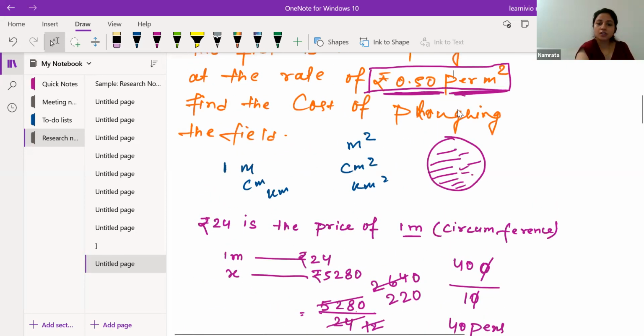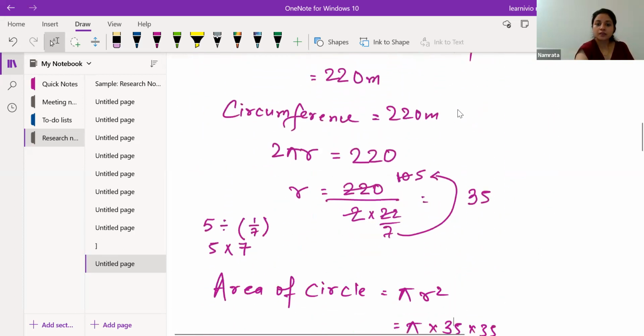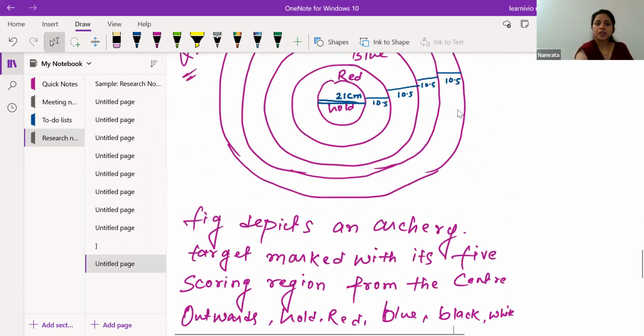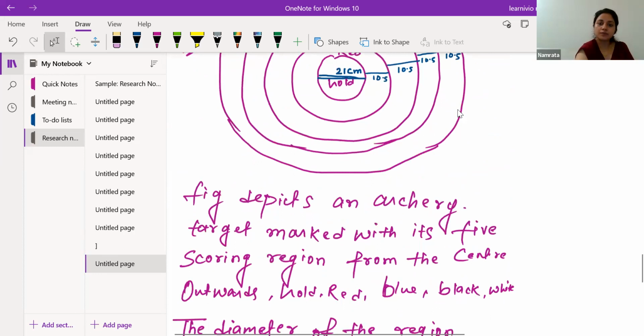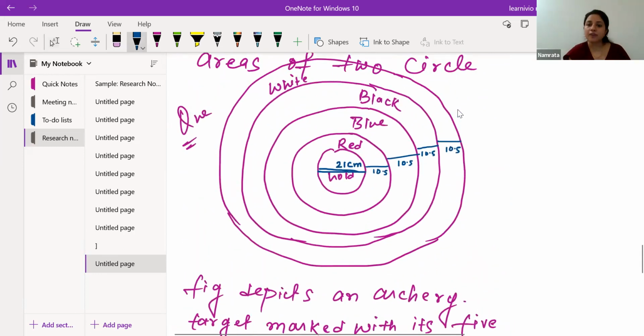If we focus on this figure, we will easily be able to find the area of the gold. We know the diameter, right? 21 is the diameter. How will we find the area?